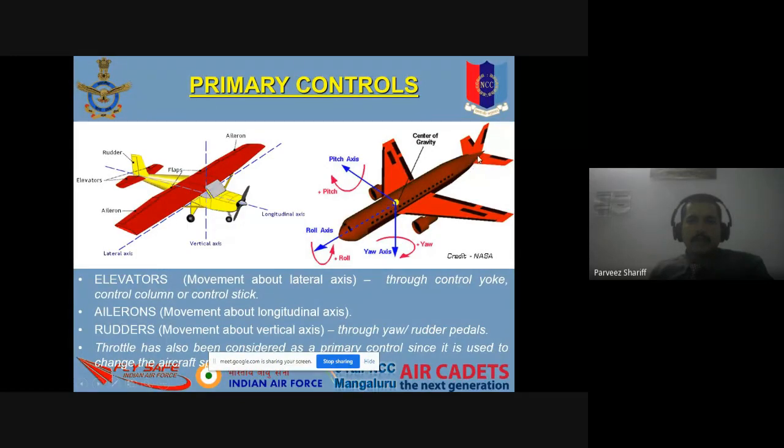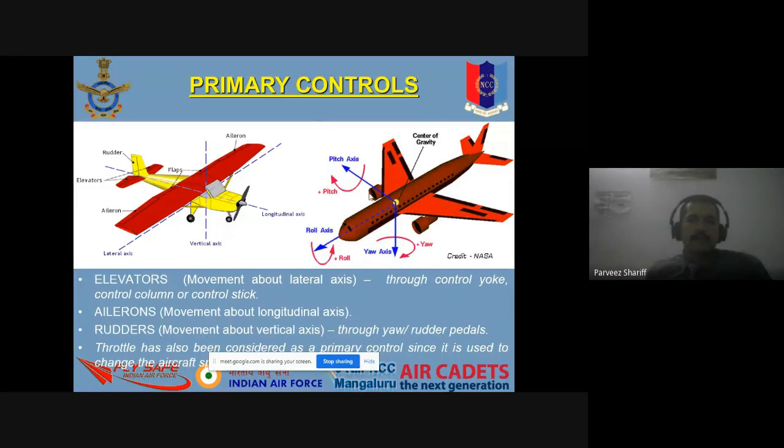If you draw a straight line along this, we call it the longitudinal axis, and the aircraft can roll over the longitudinal axis. From wingtip to wingtip, we call it the lateral axis. If you put a straight line here, the aircraft can move up and down, meaning its nose can point down or up.